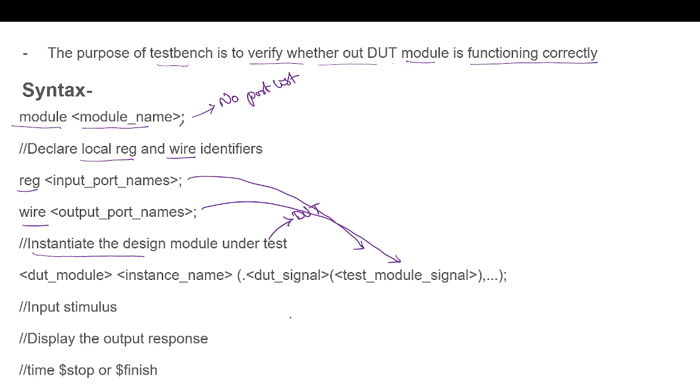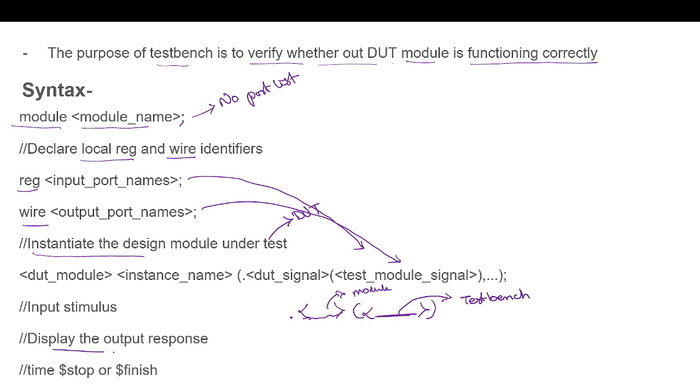We will have a dot followed by the port name, which will be the same as the name in the module, and then within brackets we apply a signal, whose name will be the same as in the test bench.